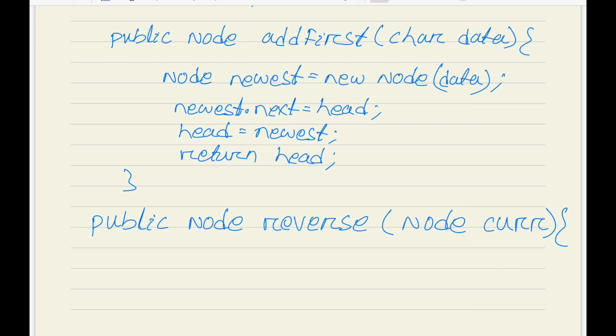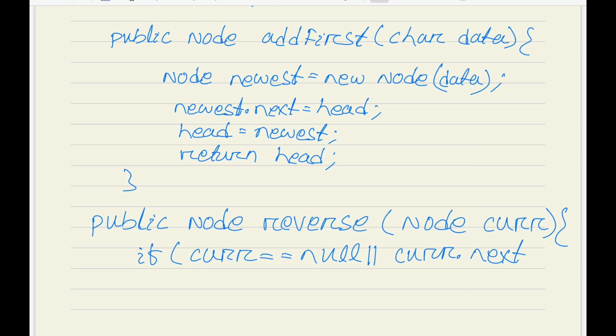Okay, so now we can write if current equal to null, or we can write current.next equal to null, we can write return current.